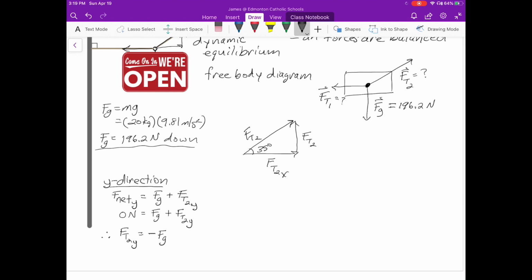They have to cancel each other out. So that means then that FT2y, the y component, has to be 196.2 newtons up. So that's what that is. 196.2 newtons up.